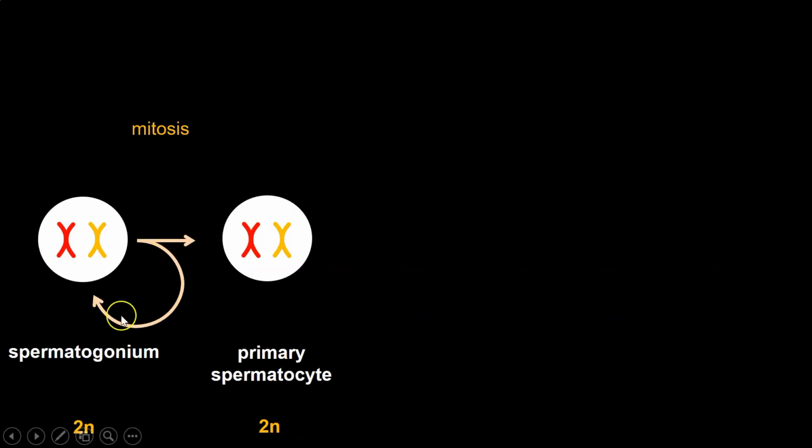But we have this little loop here. And what that's showing is that mitosis, of course, creates 2 cells. It doesn't create one. One of the cells goes to being a spermatocyte, but the other one is recycled, if you like, or purposed back to being a spermatogonium again.